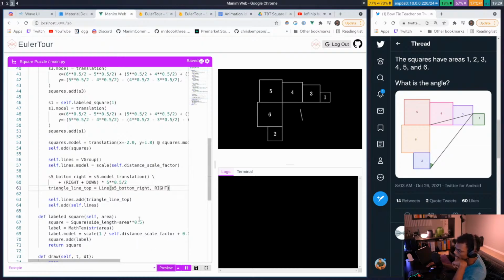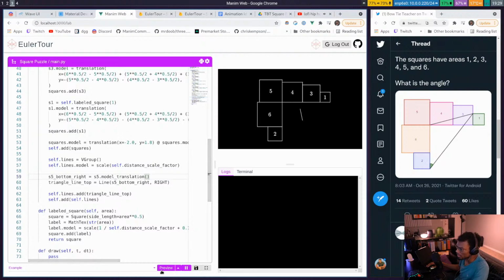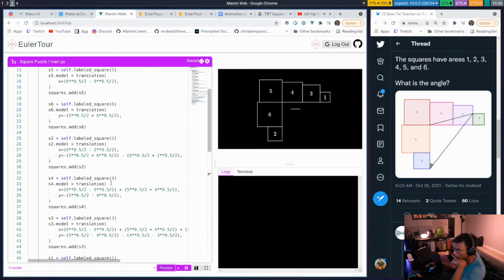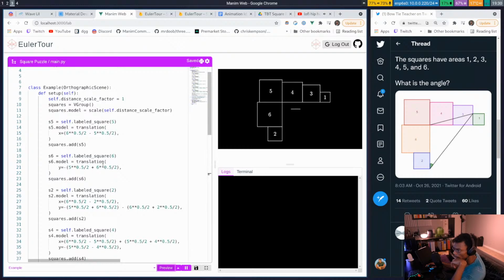And that didn't work. Why? If I just put S5 model translation here. What's going on? Okay, it says 5.